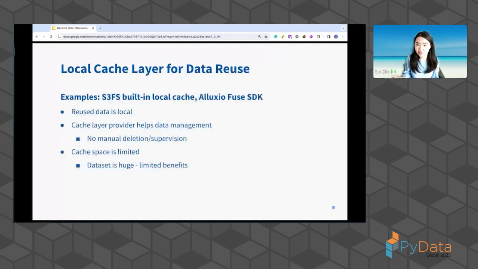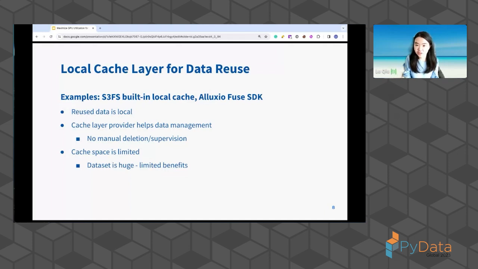And the other way is to have a local cache layer for data reuse. So we still need to fetch the data set from the remote storage, but we can cache the most hot data locally so that we can reuse it in the next round. However, in many training workloads, we use the same data set from epoch to epoch, but this is at the cluster level.